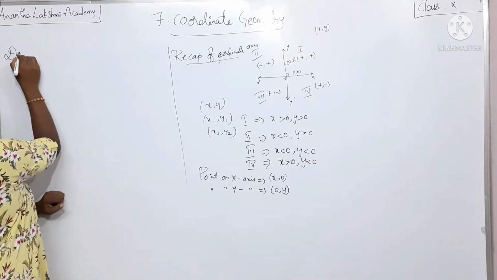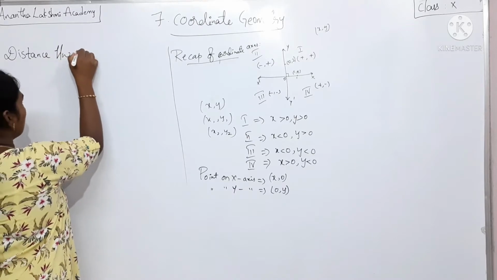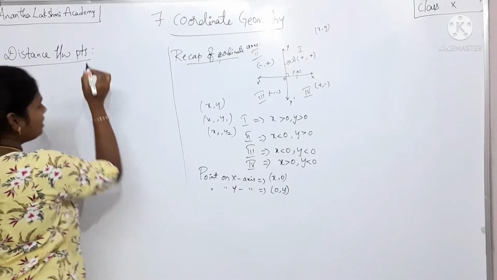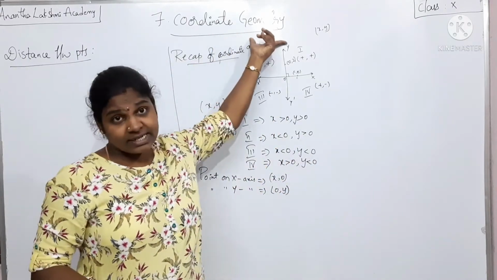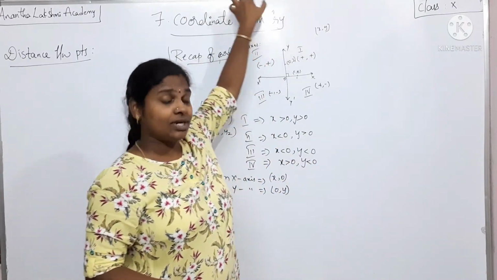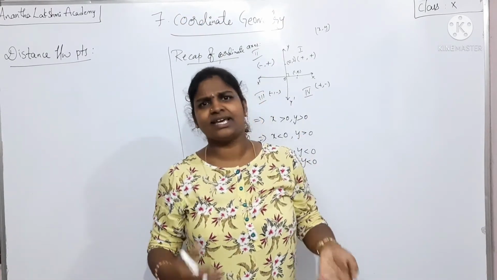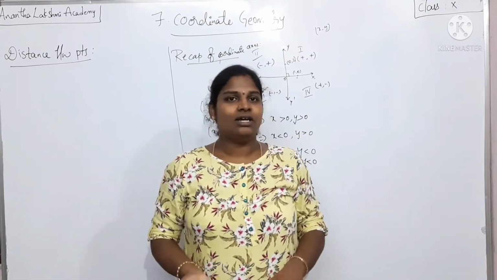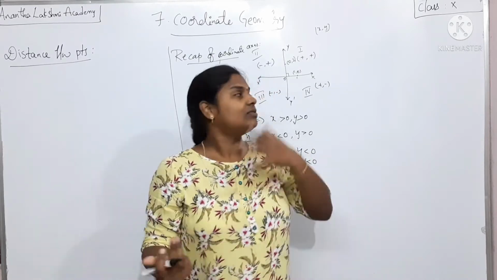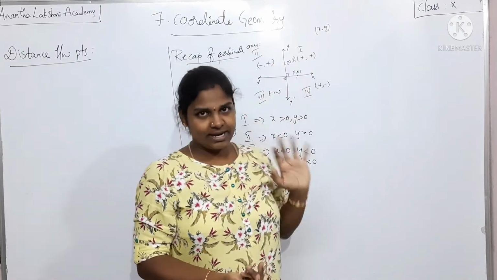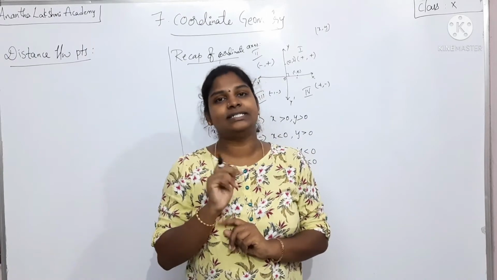Firstly, as I have already mentioned, coordinate geometry is nothing but we are going to put this geometry into coordinate axis and figure out the distances, the areas, the slopes and all. Whatever we knew earlier, just that we are doing it in the coordinate axis, isn't it? So first thing we are going to figure out is the distance.